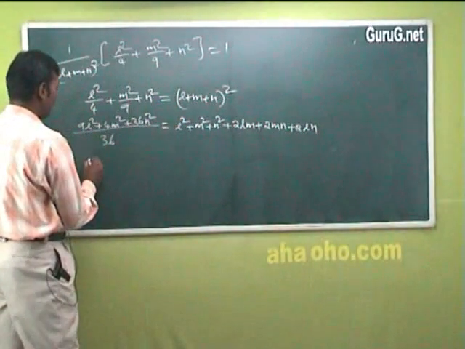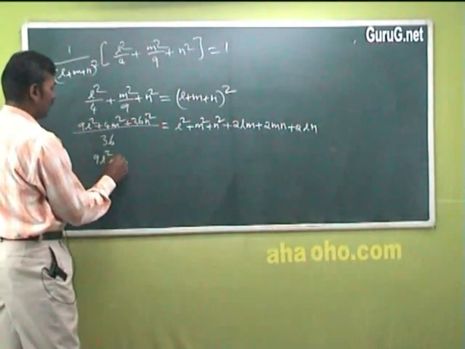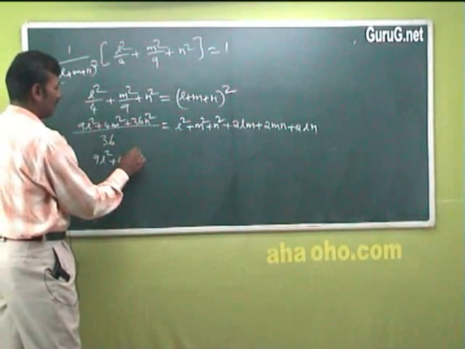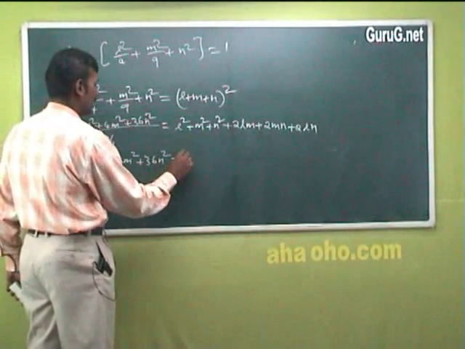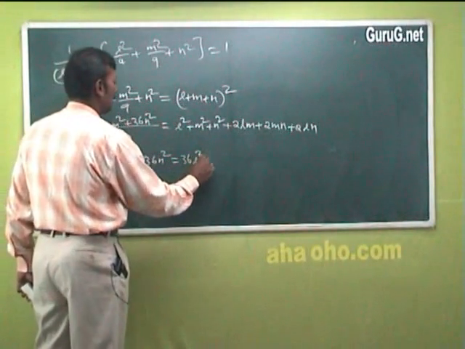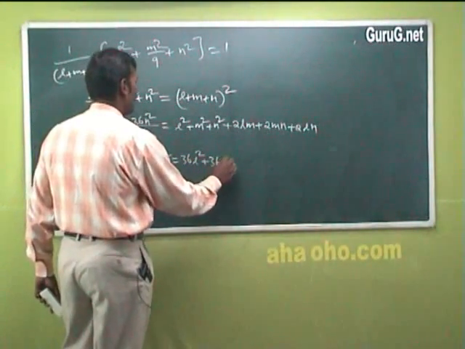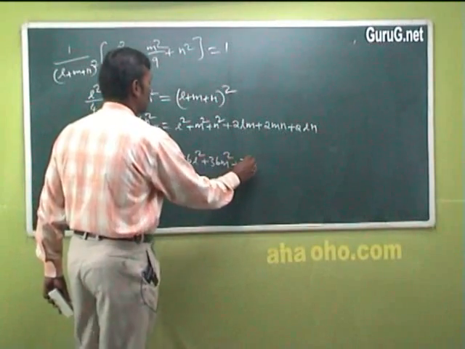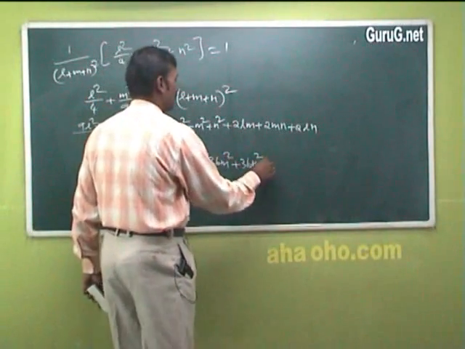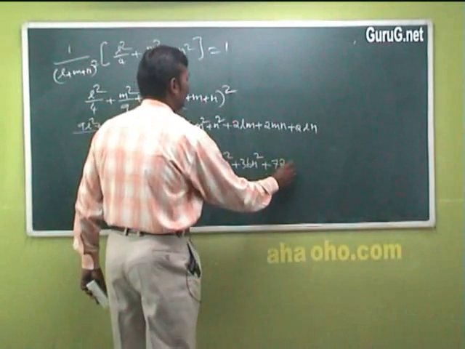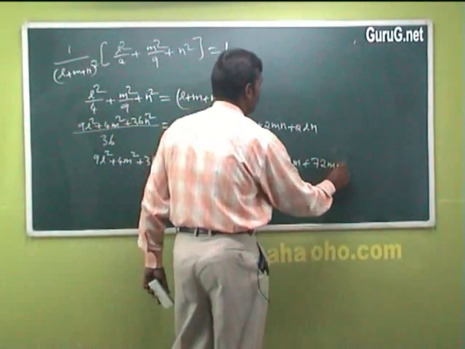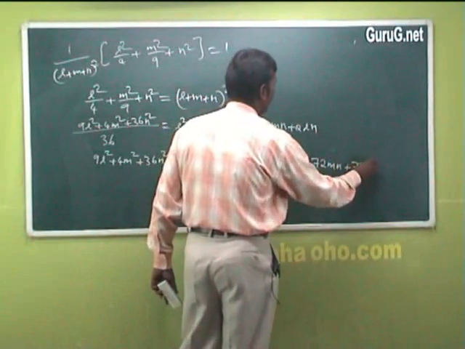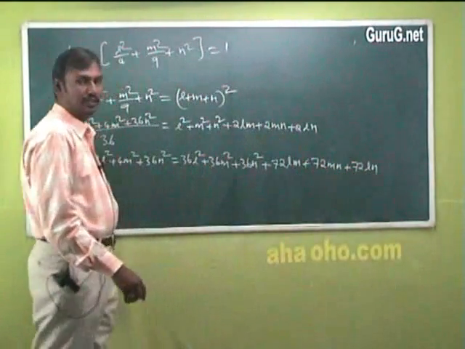We cross multiply it, so 9L squared plus 4M squared plus 36N squared equal to 36L squared plus 36M squared plus 36N squared plus 72LM plus 72MN plus 72LN, right?